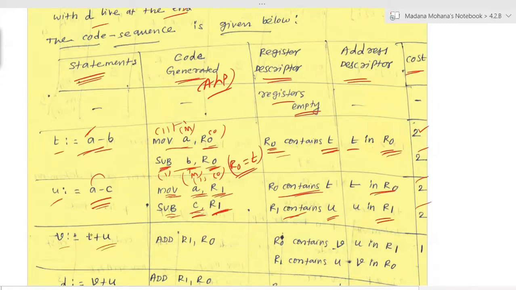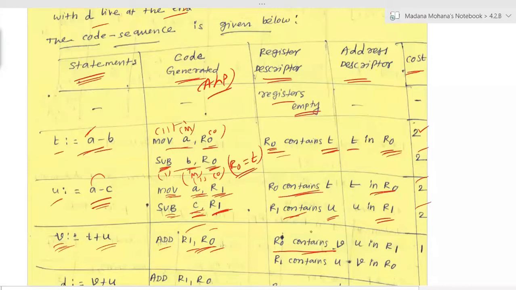Now you are adding. In the above, T and U are in registers R0 and R1. Now you can add by simply add R1 comma R0. Both are registers. Now previously what did R0 contain? R0 contained T. Now it contains the result. The register is reused here with the current value.